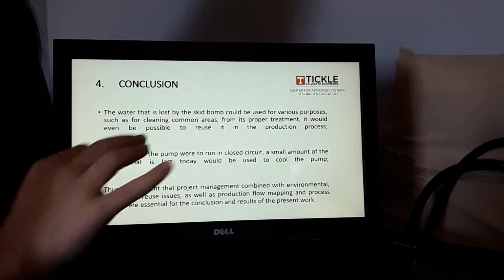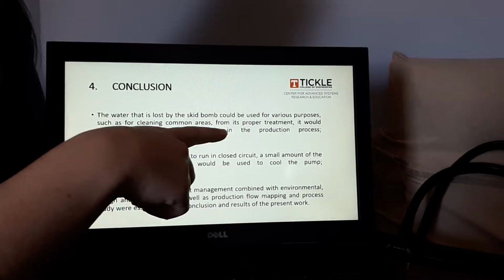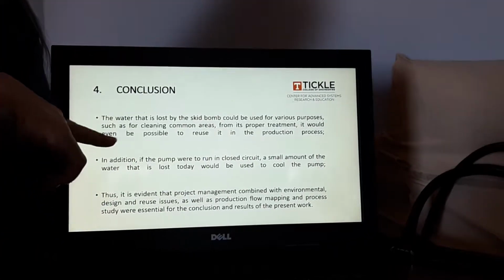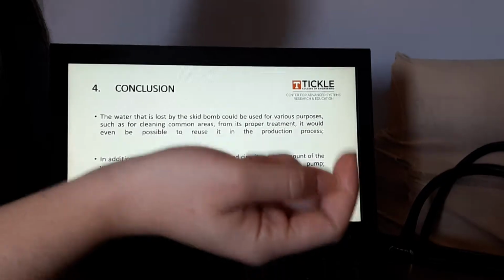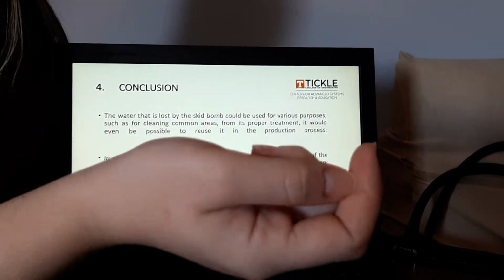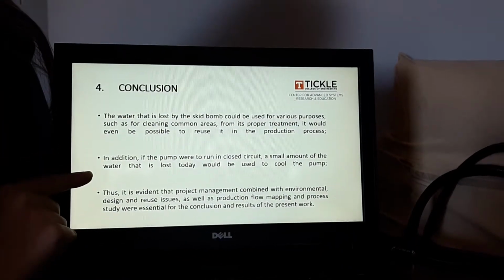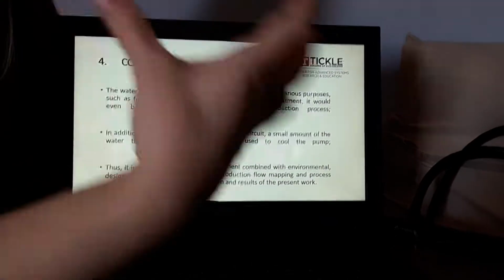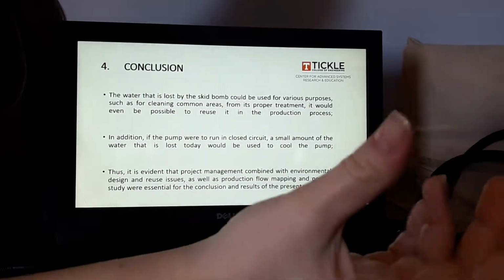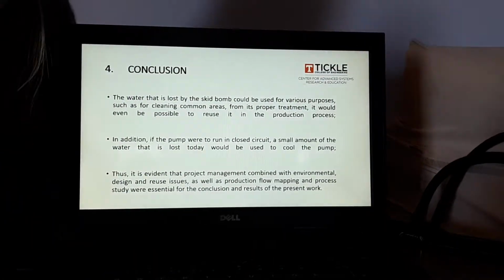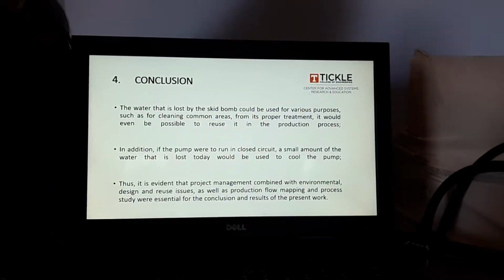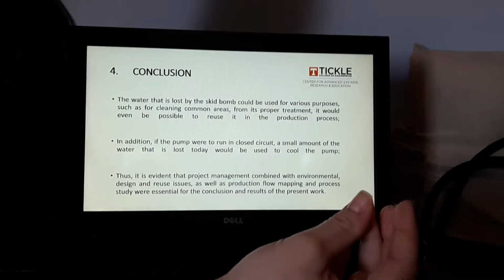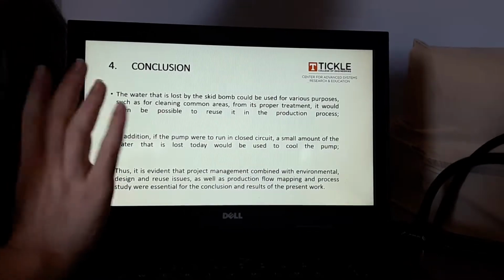And if we have even proper treatment for this lost water, it would even be possible to reuse it in the production, okay? And in addition, the bomb here can run in a closed circuit, okay? And it would spend a small quantity of water, so it needs to be analyzed, okay?